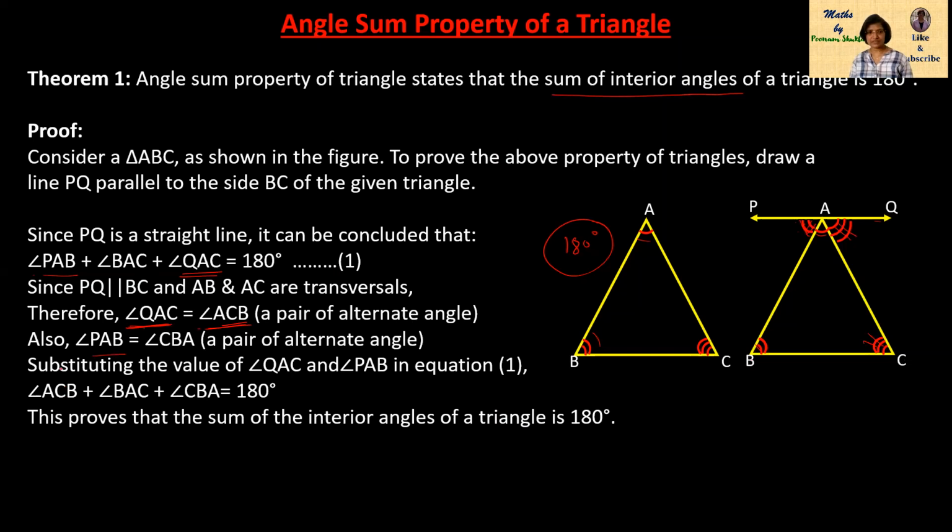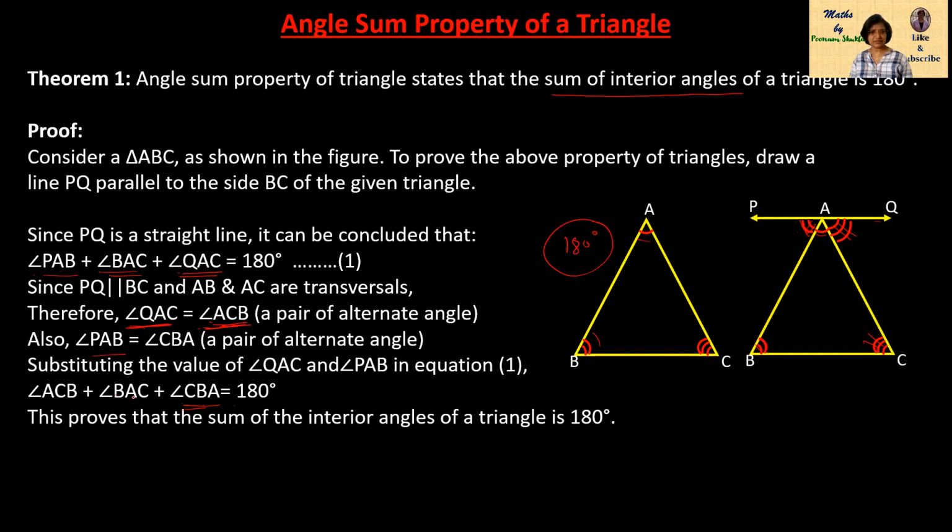Substituting the values of angle QAC and angle PAB in equation 1, what do we get? Instead of QAC we put angle ACB, and instead of PAB we put angle CBA, and what is remaining is angle BAC.